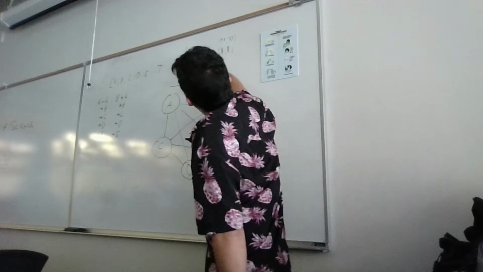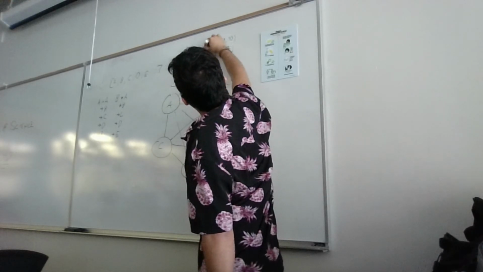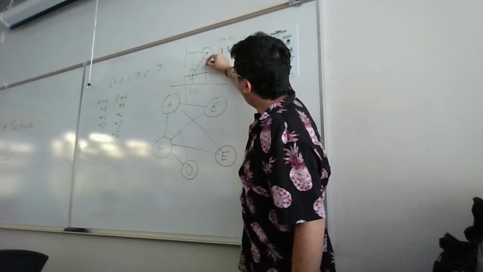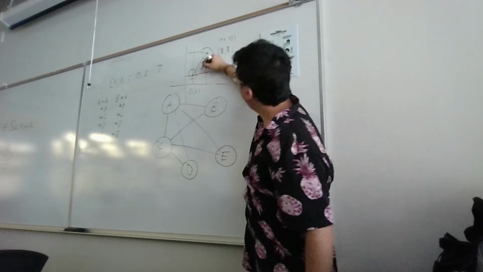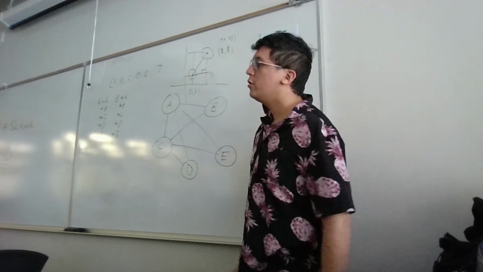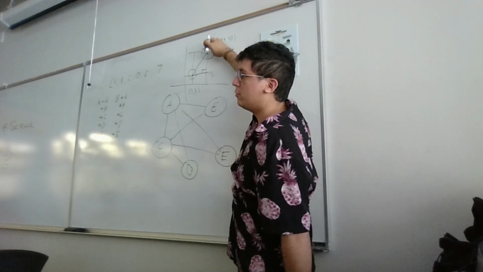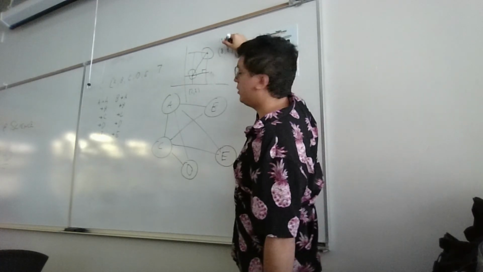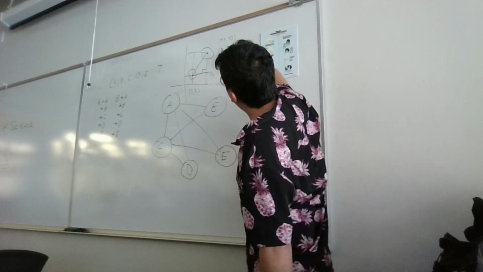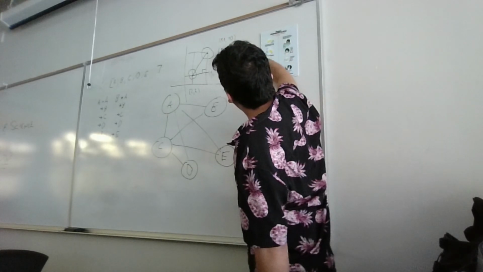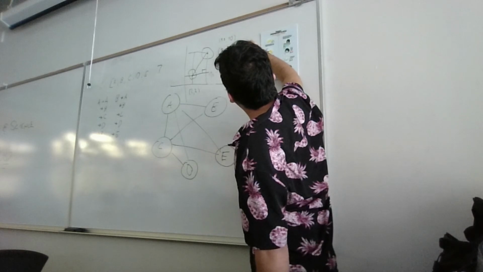Now, if I draw a line between them, that gives me a right triangle, a 90-degree triangle. So I can apply Pythagoras to get this distance. That is the square root of 8 squared plus 8 squared.